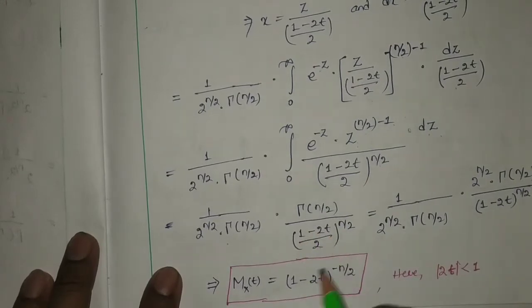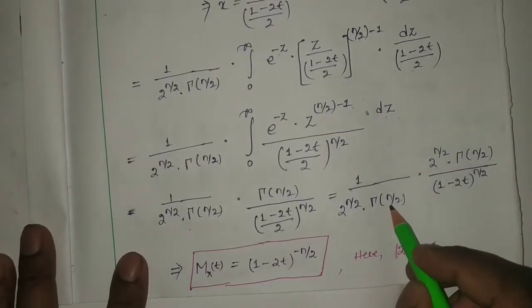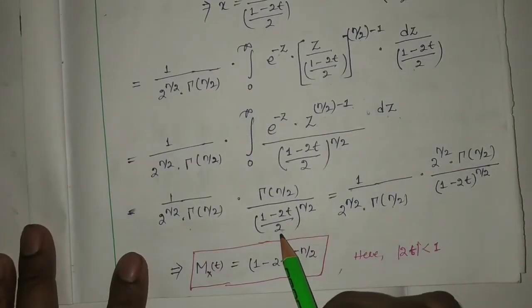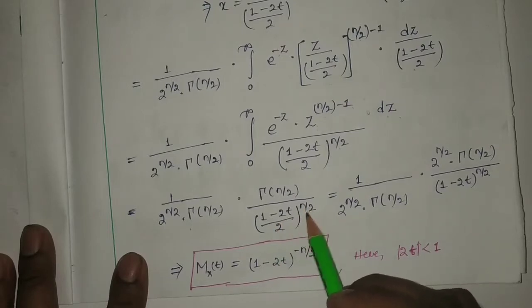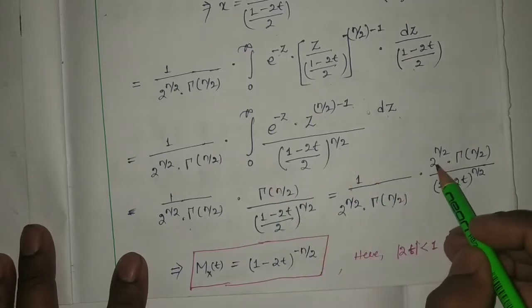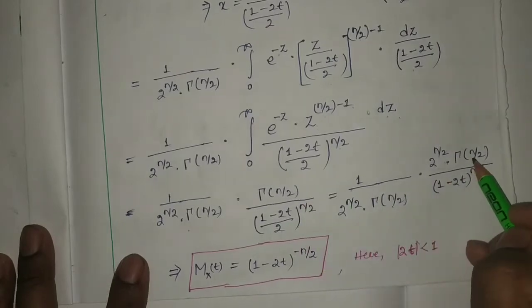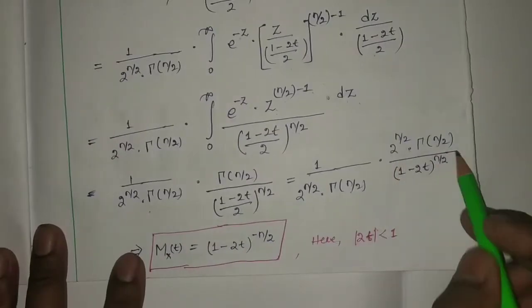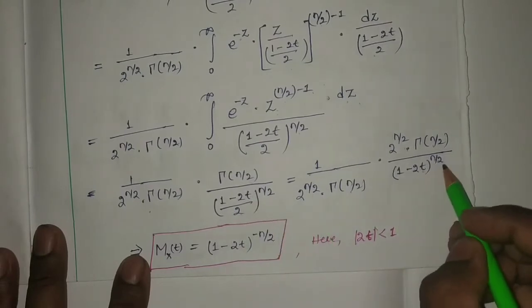Okay, here you can see that 1 by 2 to the power n by 2 gamma n by 2 is written as such. Here you can see that 1 by 1 minus 2t by 2 to the power n by 2 is there. So if this 2 is moved to the numerator, obviously it will be 2 to the power n by 2 into gamma n by 2 is already there, gamma n by 2 whole divided by 1 minus 2t to the power n by 2.